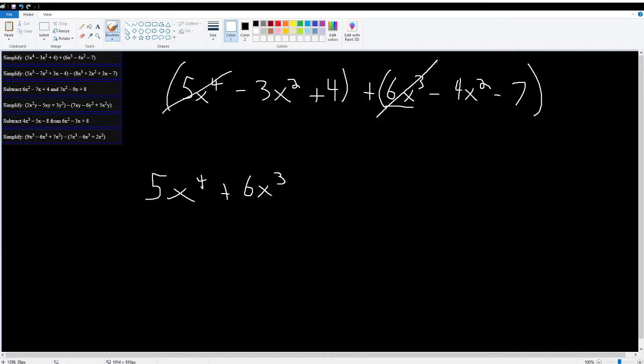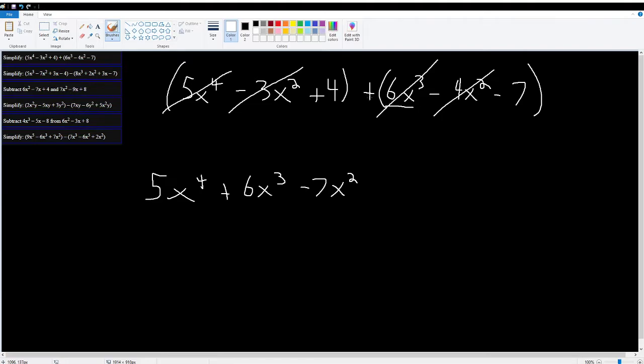Now we can cross this out. Now we can go back to the negative 3x squared plus negative 4x squared, which is negative 7x squared. A negative plus a negative is always going to be negative, and positive plus positive is always going to be positive. So these two are good.